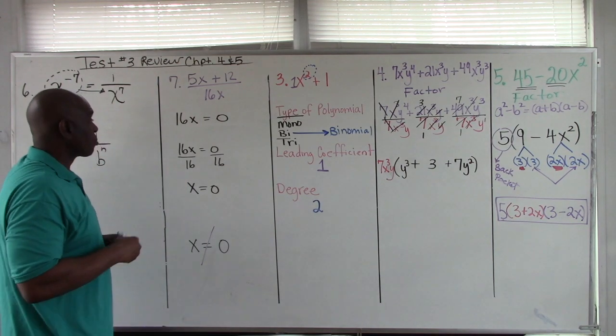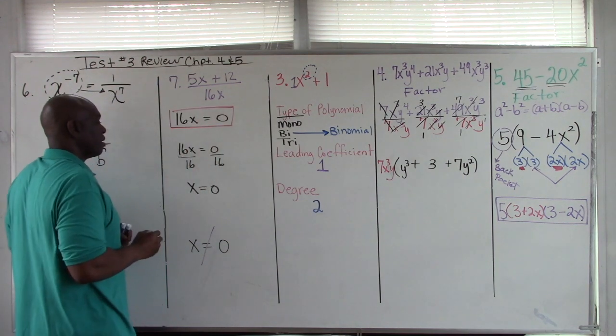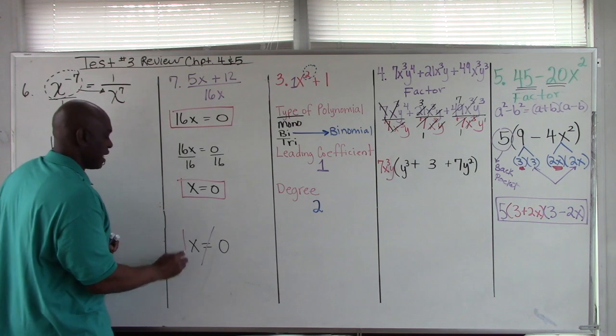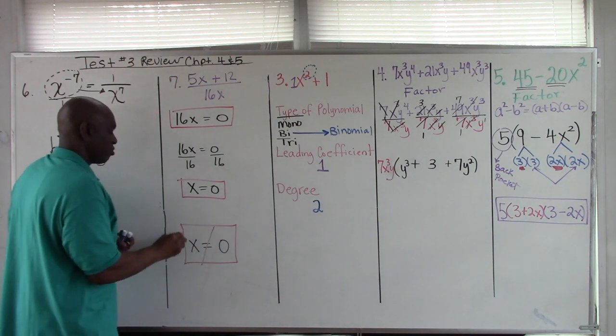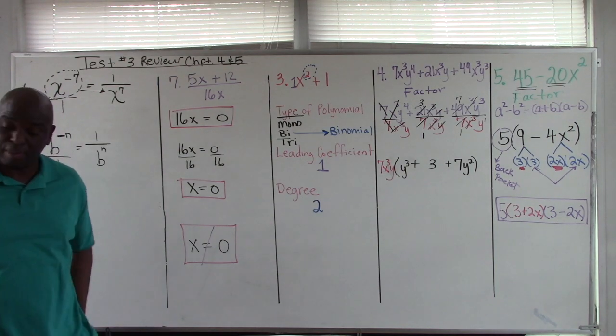So step 1, set the denominator equal to 0. Step 2, solve for x. Step 3, put the slash through it. And there's your restriction. That's it for that.